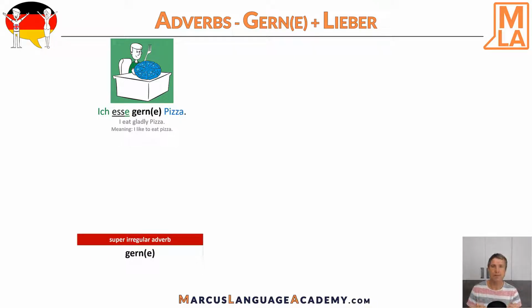Literally means I eat gladly pizza. So the English meaning is I like to eat pizza. So to say you enjoy doing something, in English we use the verb like. But in German we use instead of like an adverb, gern or gerne, right after the verb of action.